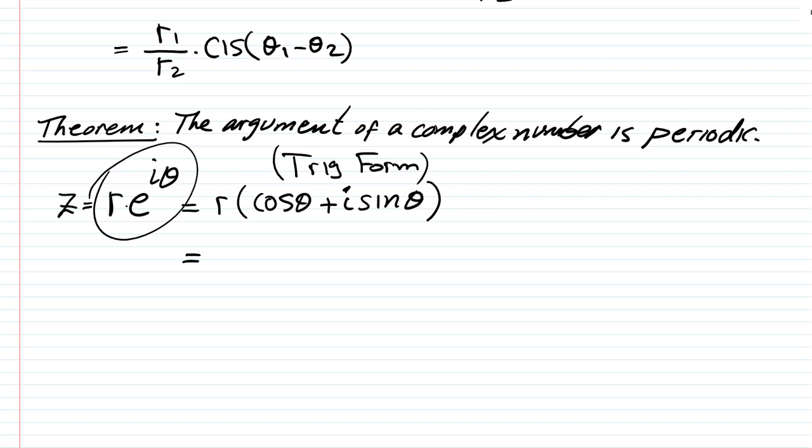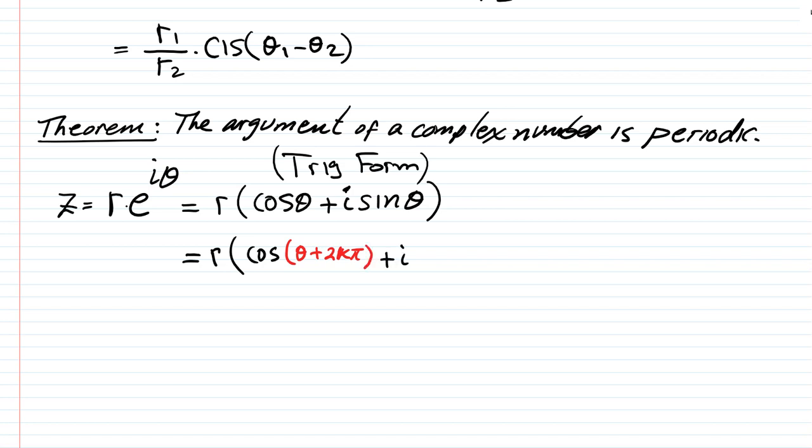The exponential form involves base e. Now we know that sine and cosine are periodic, right? Because both of those are periodic, that means I can write cosine of theta as cosine of theta plus 2k pi, couldn't I? Remember, k is an integer in this work.